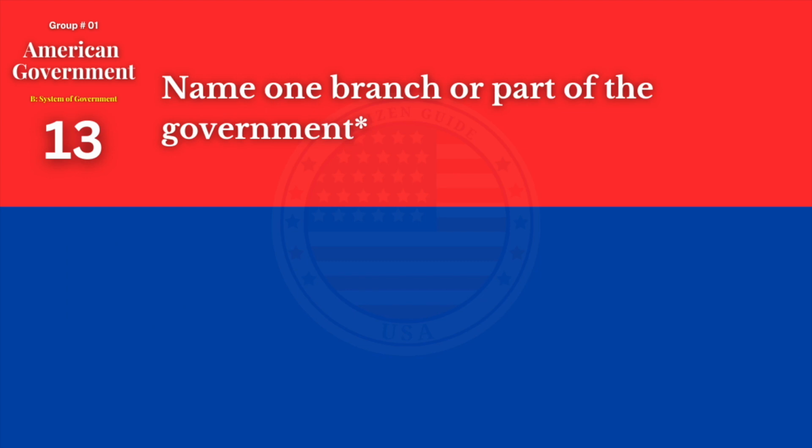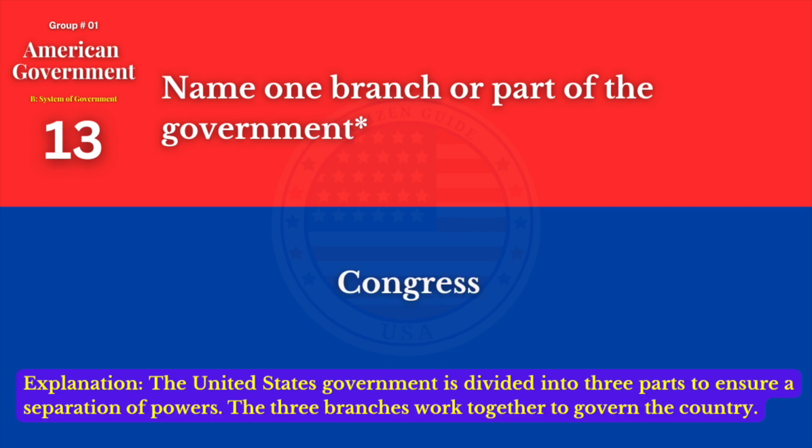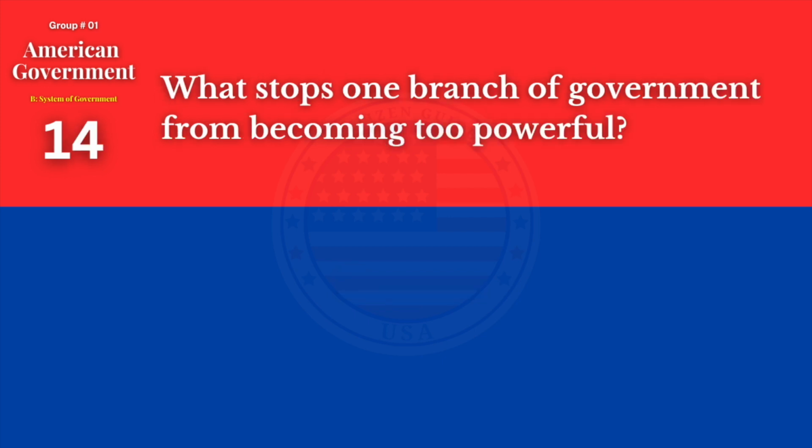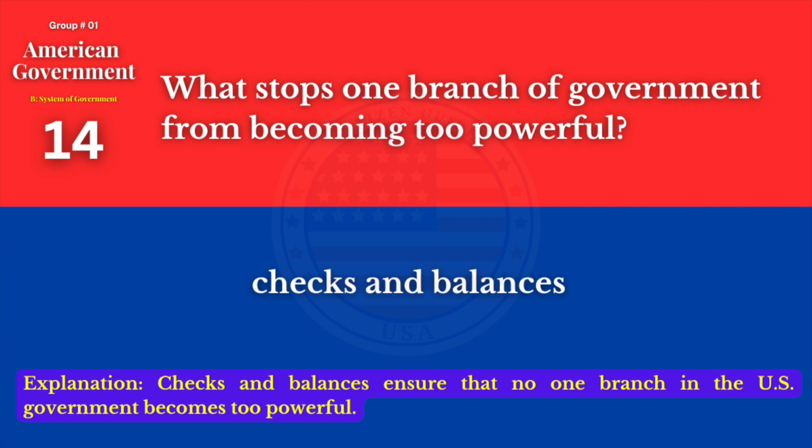Name one branch or part of the government. Congress. What stops one branch of government from becoming too powerful? Checks and balances.